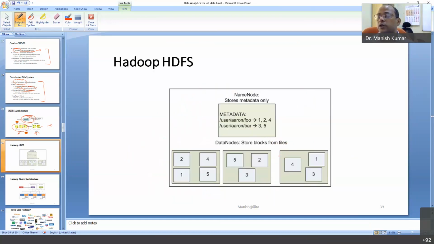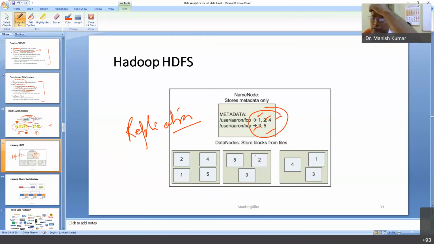This is one example. Suppose you have data like this. What we are doing is some sort of replication. And these replications can handle individual failure or a rack failure. These replications could be intra-rack or inter-rack as well. So the nodes are there. Suppose this is node 1, node 2, node 3.